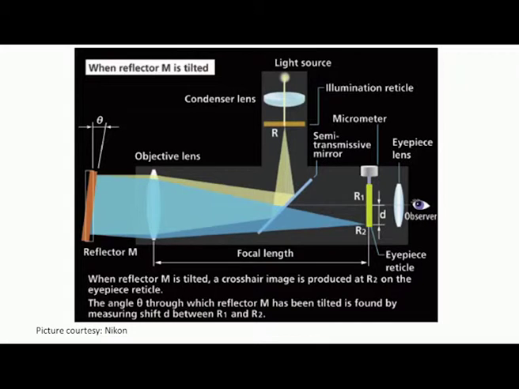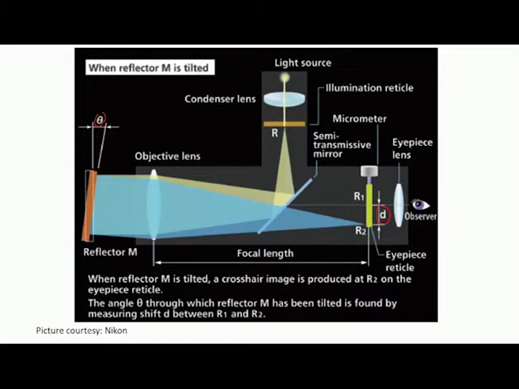The light will fall on the reflector, and if there is some inclination theta, then the reflected light will move back and fall at this position. This distance between R1 and R2, that is distance d, can be read using the eyepiece, and the light source is placed here.